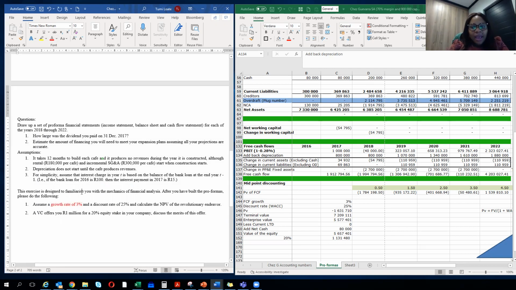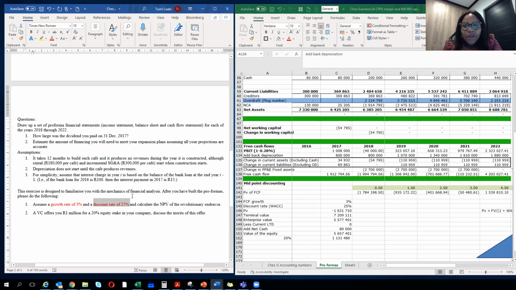So now the company reaches 22 stores, you calculate the revenue, and they get profits up until 2022. From 2023 onwards, this company is now going to grow its free cash flow at a rate of 3%. They've also provided you here with the discount rate of 25%.